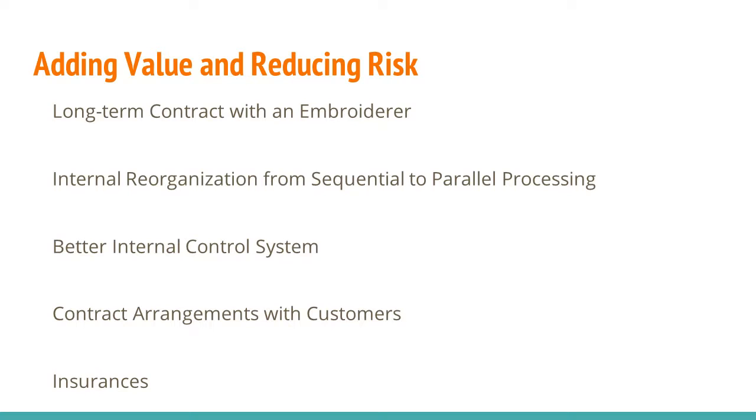Also, that one could reorganize the internal processes from sequential to parallel processing, where he's able to have control over the whole processing stages. Third, that one could arrange for a much better internal control system where delivery time could be sped up. Also, that one could arrange for much more advantageous contract arrangements with customers in the future.